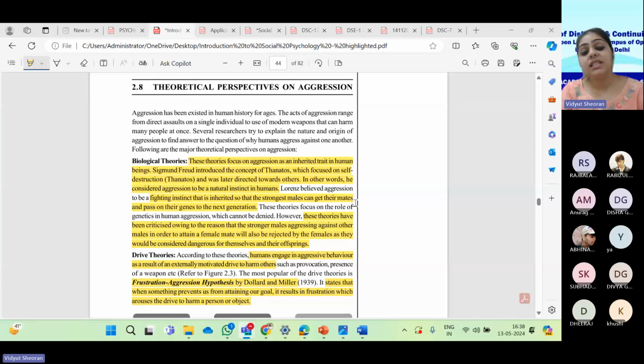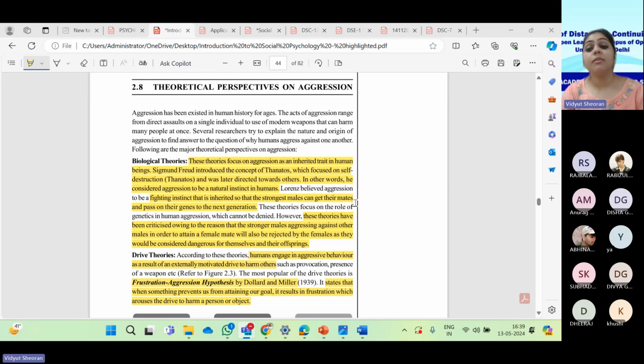So the fighting instinct that is inherited so that the strongest males can get their mates and pass on their genes to the next generation. These theories have been criticized owing to the reason that stronger males aggressing against other males in order to attain a female mate will also be rejected by the females, as they would be considered dangerous for themselves and their offsprings.